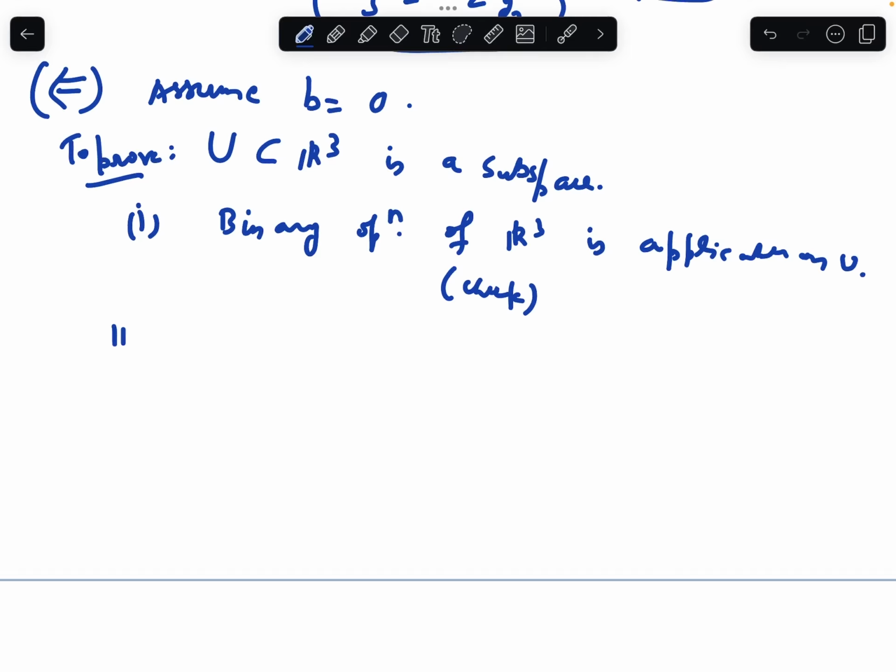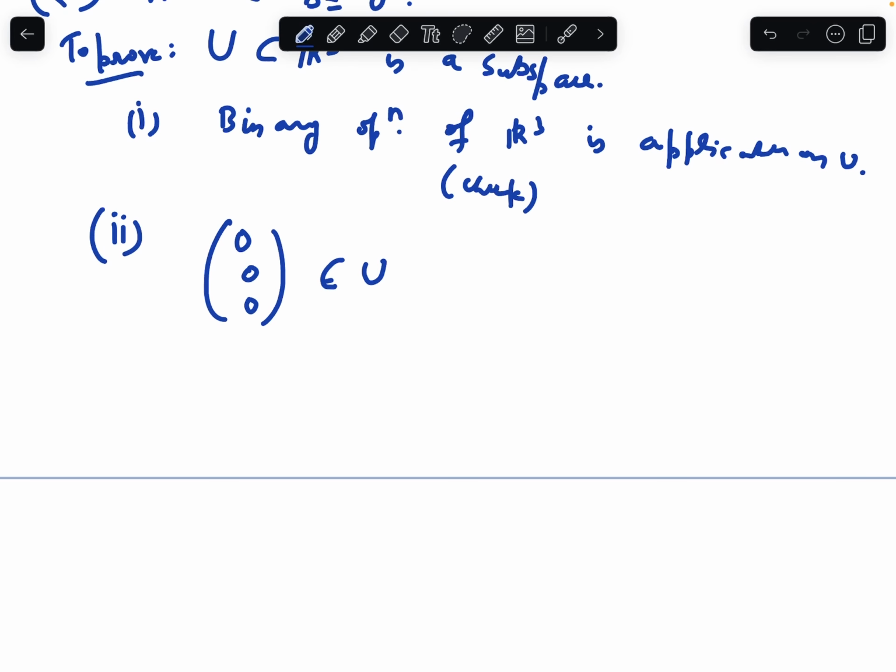Second thing that we have to see is if U has identity or not. So the identity of R3 is 0, 0, 0. But 0, 0, 0 also belongs to U. So identity is satisfied. And the third thing is inverse.